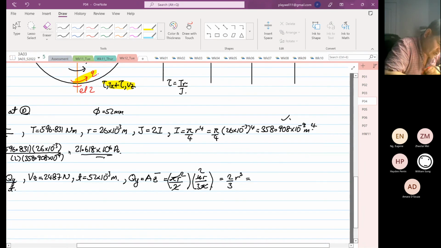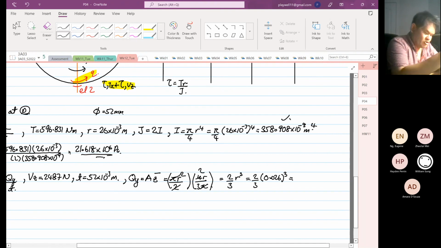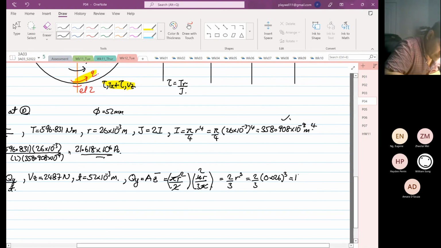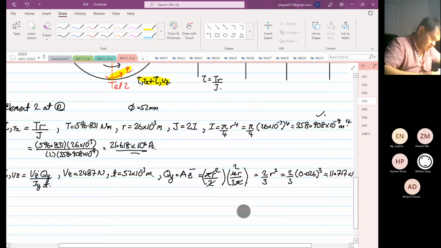So this is equal to 2 over 3 multiplied by 0.026 to the power 3. So 0.026 to the power of 3 times 2 over 3 is equal to 11.717 times 10 to the power minus 6 meter cubed.